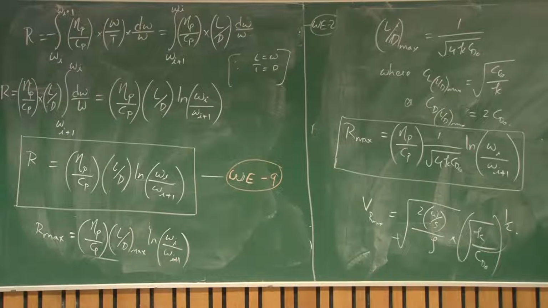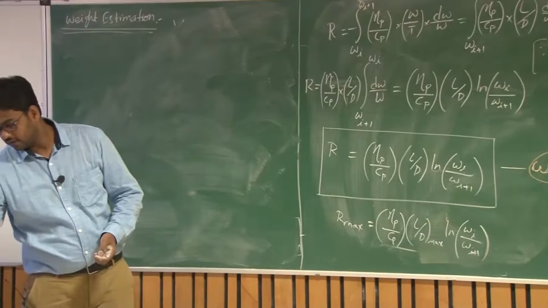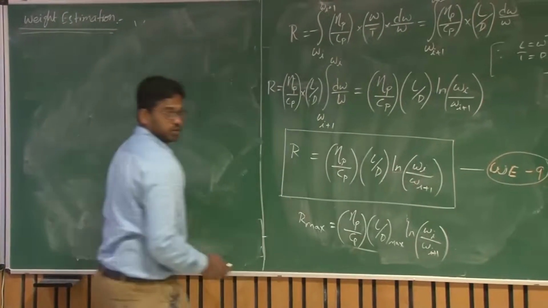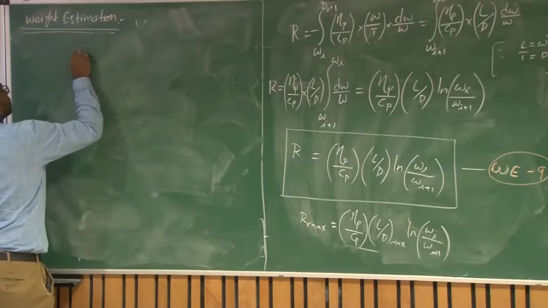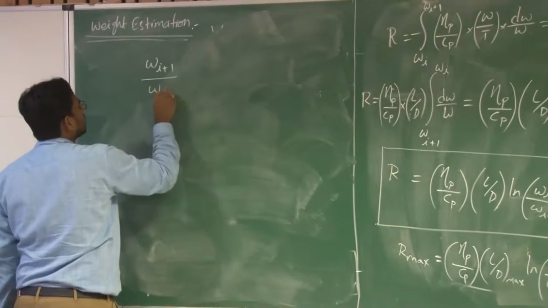Now, coming back to this equation, what we are interested in is finding out the weight ratio Wi by Wi plus 1, or Wi plus 1 by Wi.